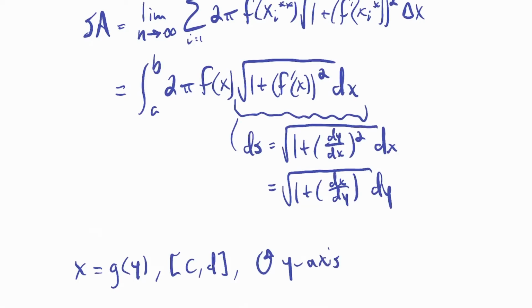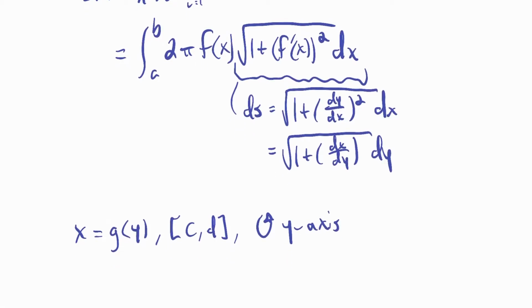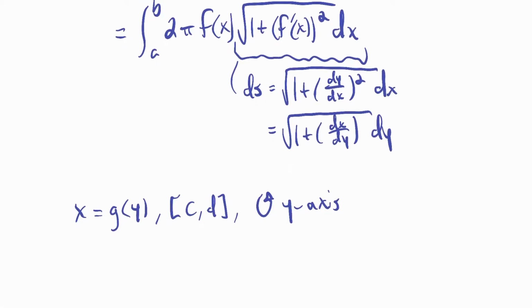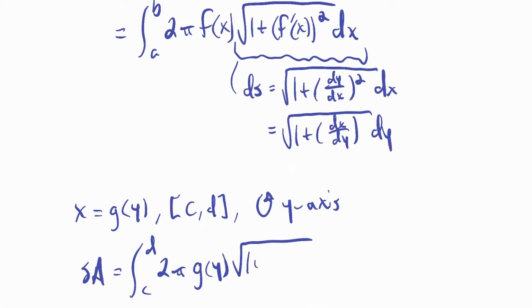You could go through this same formulation, go through all the same steps, and you would be able to say that surface area is going to be the integral from c to d of 2 pi g of y times the square root of 1 plus g prime of y squared dy, okay?